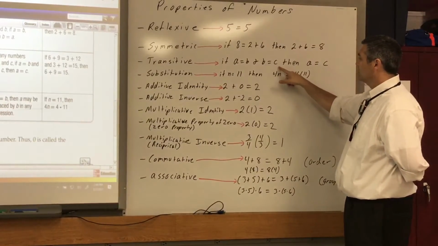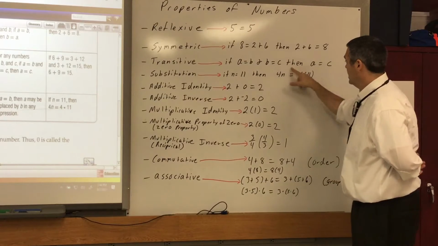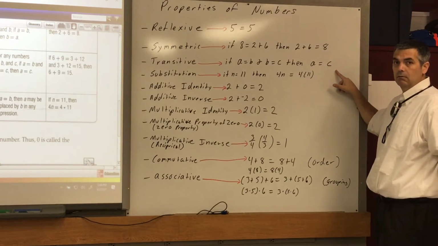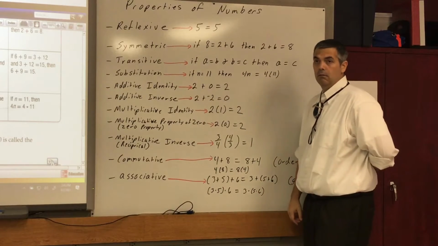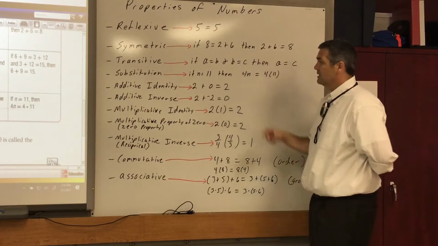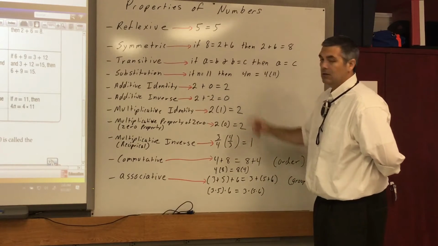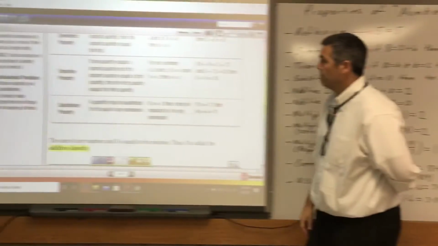If A equals B and B equals C, then A must equal C. And that makes sense when you think about it. If this is the same as this, and this is the same as this, then this and this are the same. It makes perfect sense.